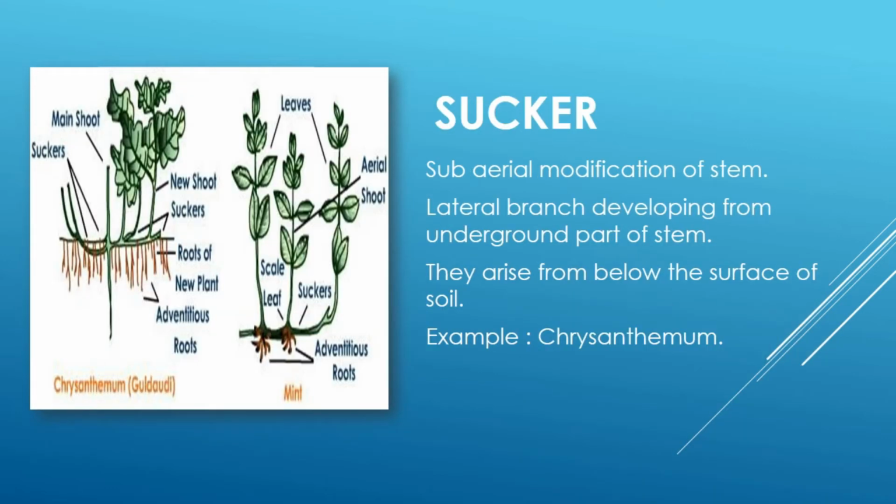Now suckers are the subaerial modification of stem. They are the lateral branches which develop from the underground part of the stem. They arise from below the surface of the soil. Example is chrysanthemum.